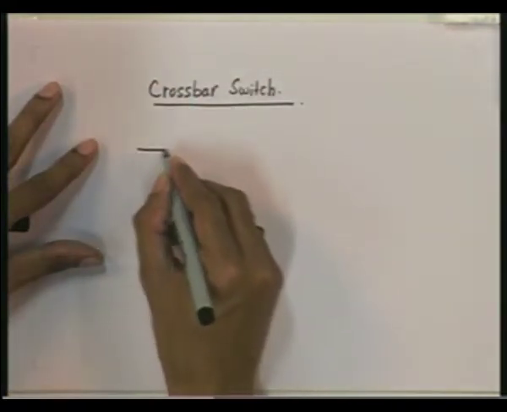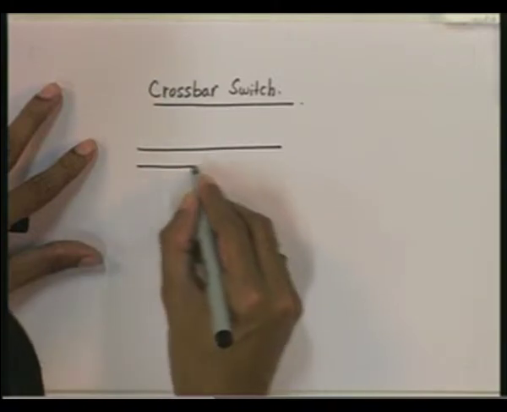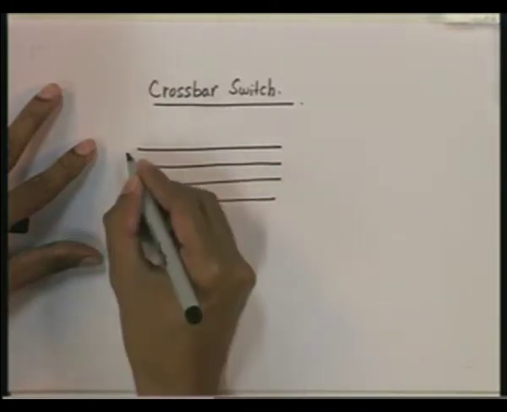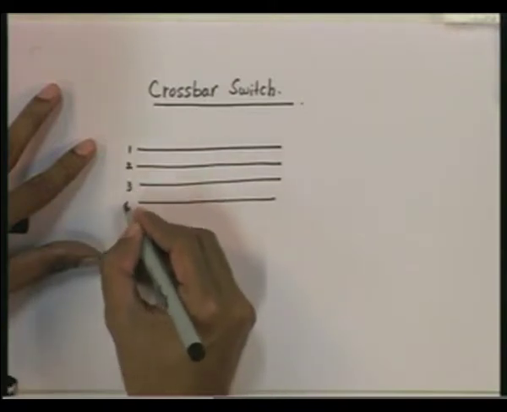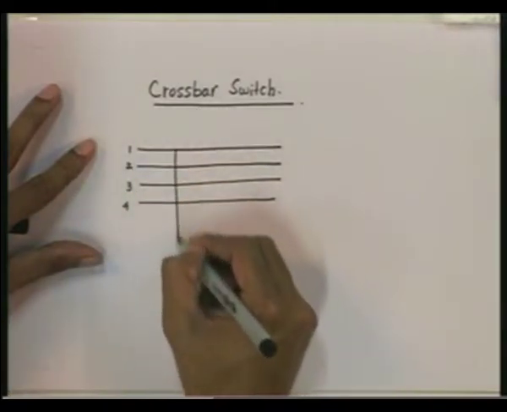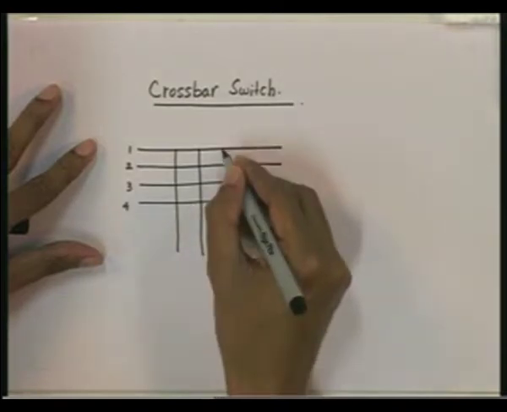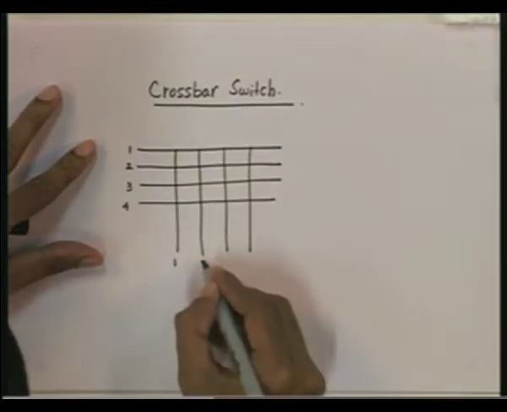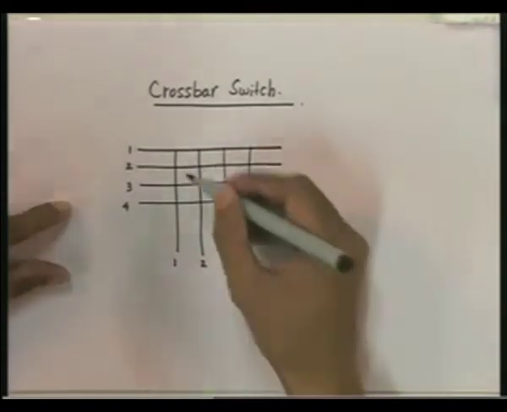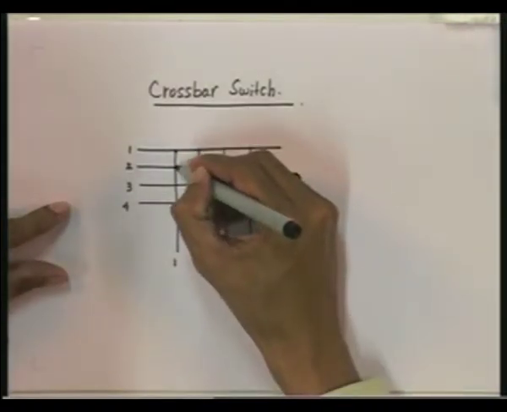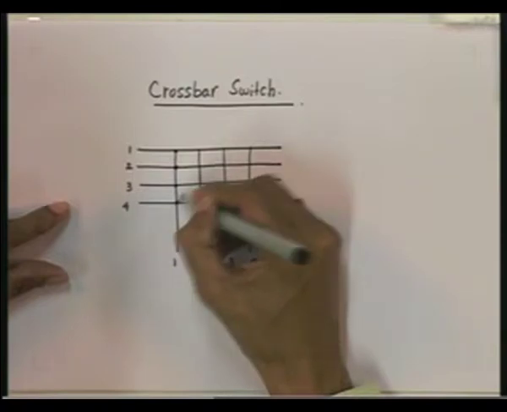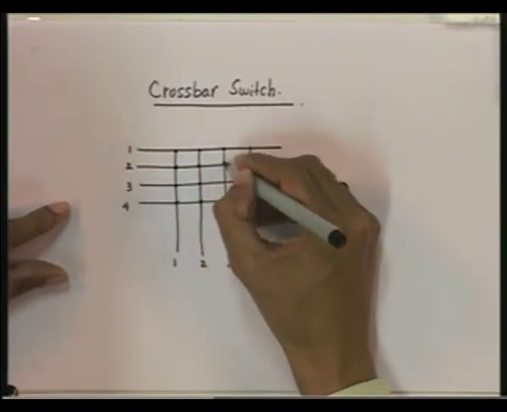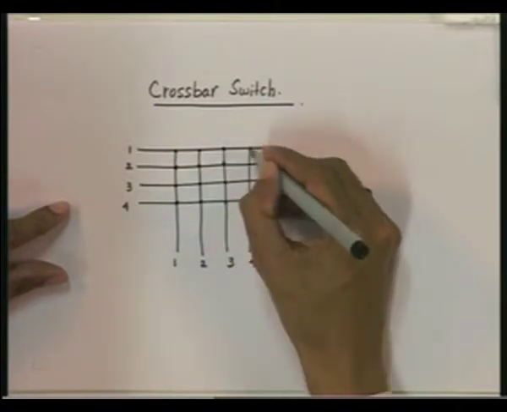A crossbar will have, let us say, 4 input ports, 1, 2, 3 and 4, and let's say 4 output ports. These are the cross points, so in an n port crossbar switch, as you can see, the number of cross points will be of the order of n squared.